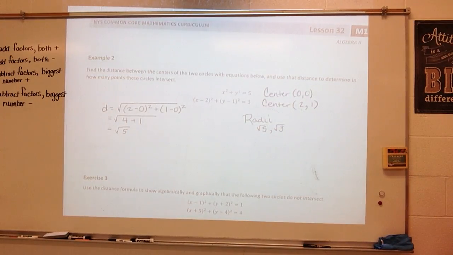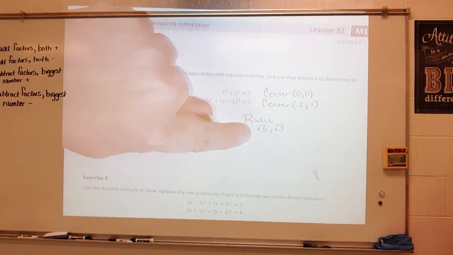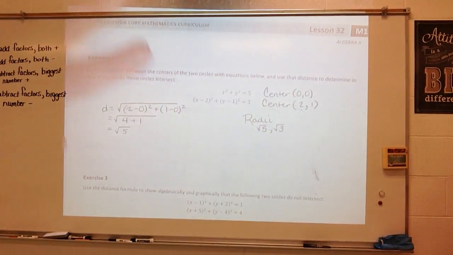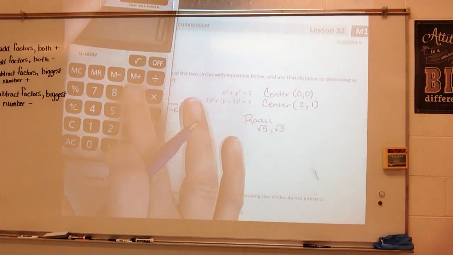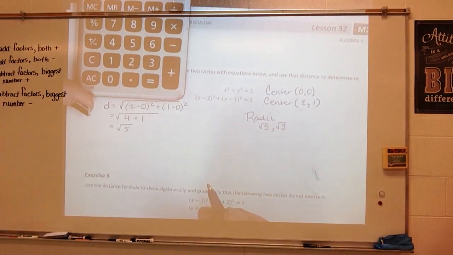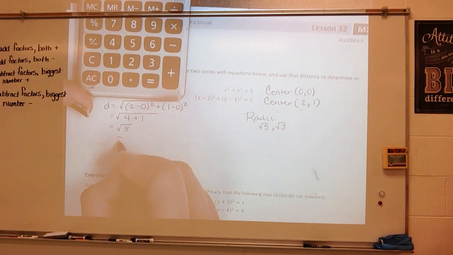So I can look at this and see that the square root of 5 is between the sum and difference of the radii. Let's just look at this. The square root of 5 is approximately 2.24.